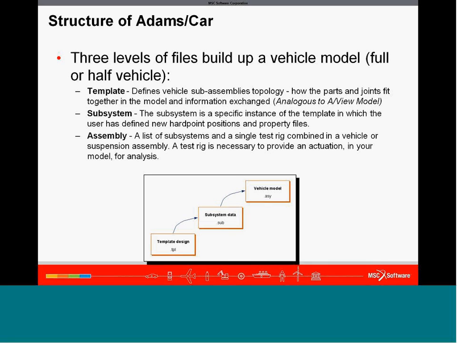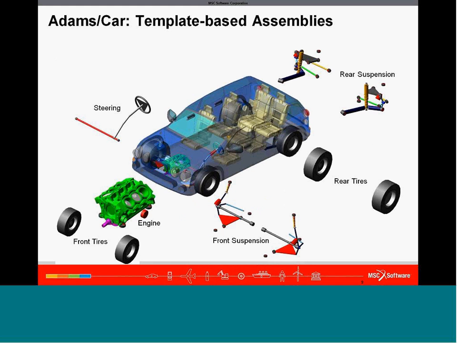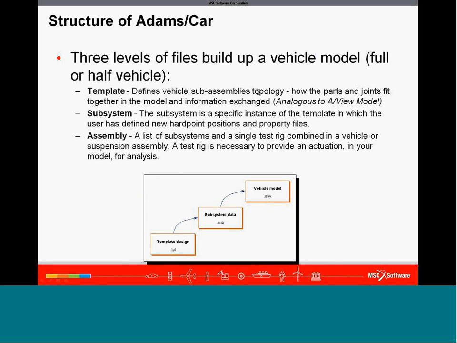And finally you have the assembly, which is a combination of a bunch of subsystems coming together. So steering is a template which gets specific data, gear ratio, bushings, etc. Same way for a front suspension. And now all these come together to create what we call a final assembly.